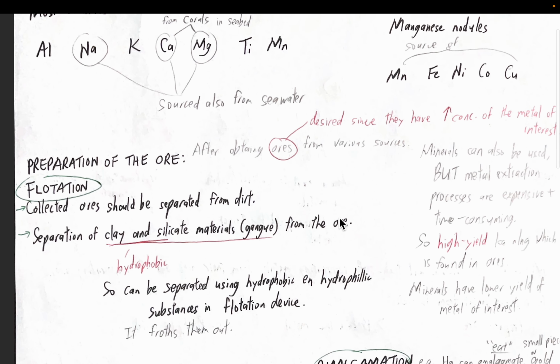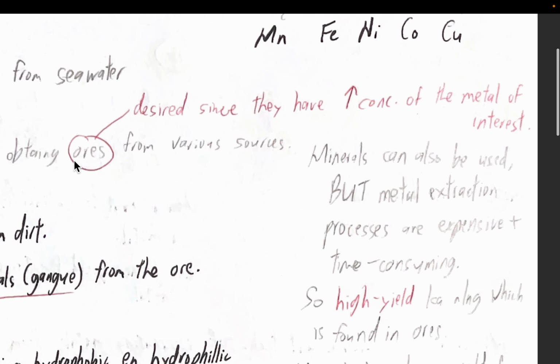So earlier, what I mentioned was ores. This is more desired in comparison to minerals, whenever we want to extract precious or desired metals from them.